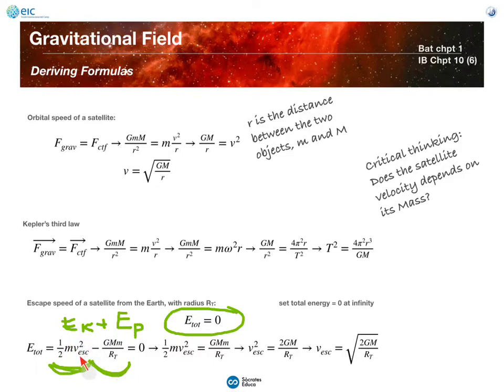We are talking about escape speed, so we call it escape speed here. Potential energy, we didn't derive it, but we saw the formula. Same as before, simplify as much as possible. M and M go away. Make v the subject. So you take the square root, and that's what you're left with.